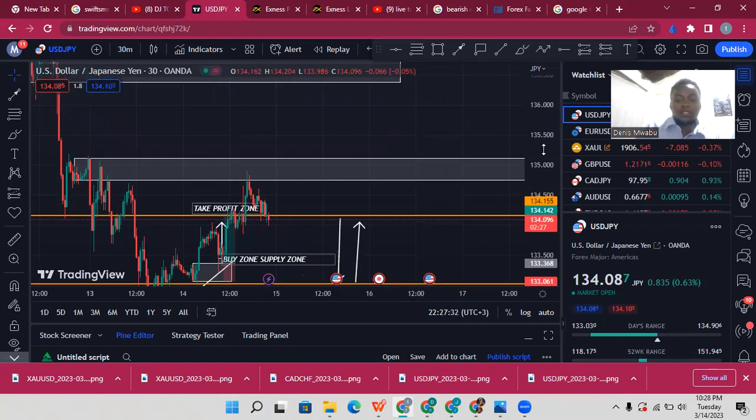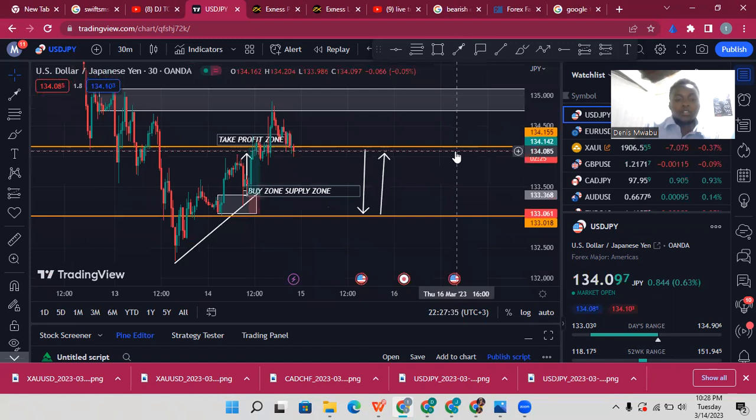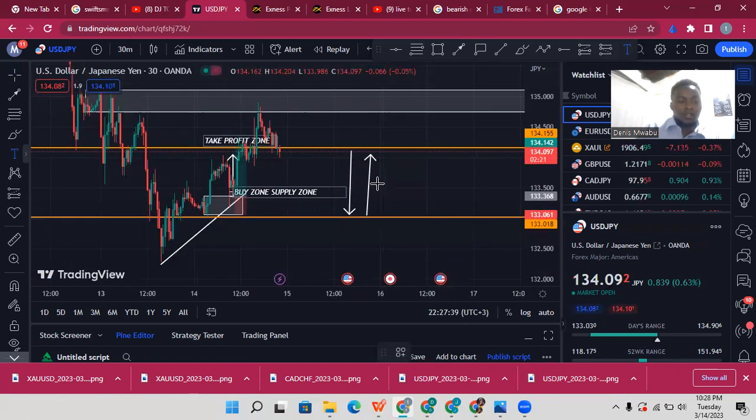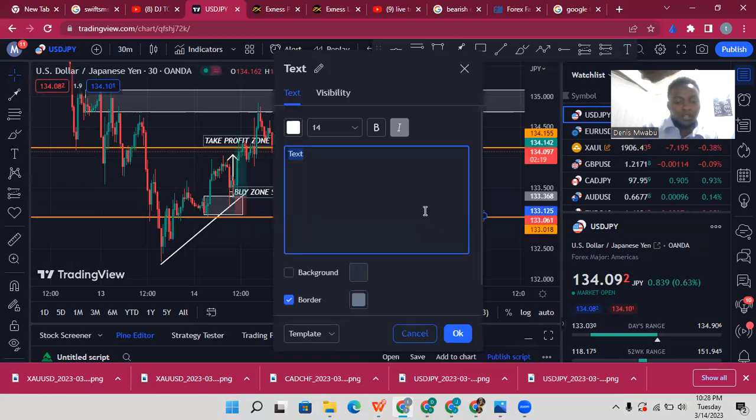So for us, this is scalping. We are looking at trading zone A and B. Okay, this is trading zone A. The first thing before you get into a trade is to make sure that you have your trading zone.